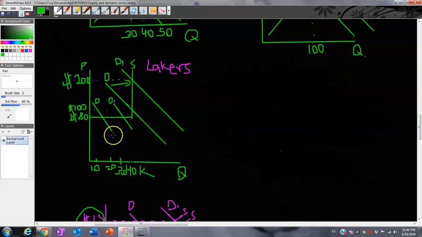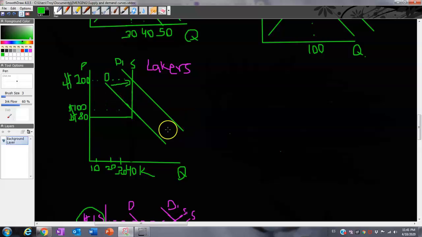So if you have very low demand and they can only sell about 13,000 tickets, well, they're going to keep that price at $80, right? Because they're wanting to fill up the stadium. Conversely, if demand goes up a little bit, but still not enough to fill up, let's say they can only sell 33,000 tickets, it's still going to stay at 80 because they're trying to sell the tickets.